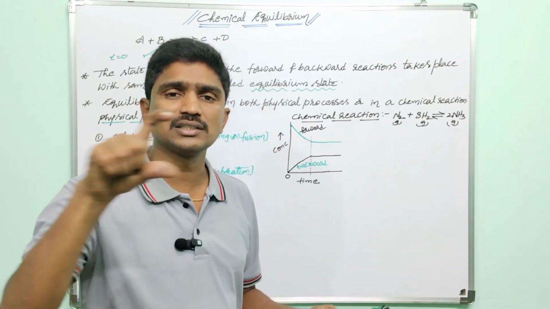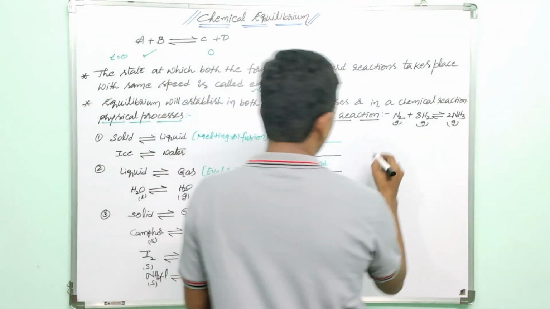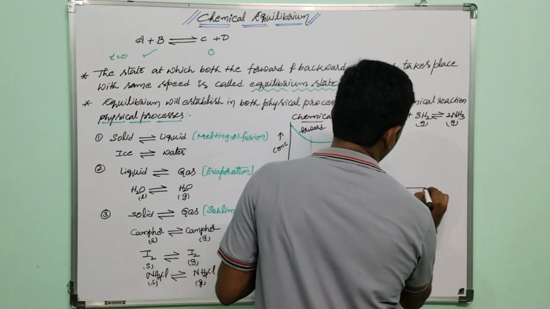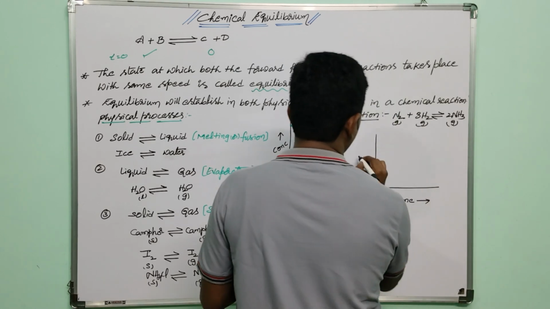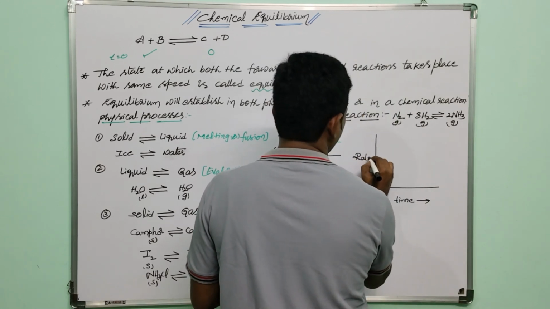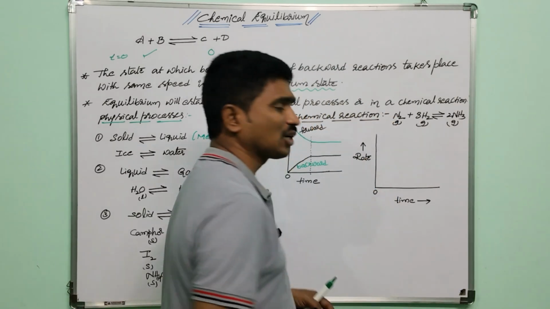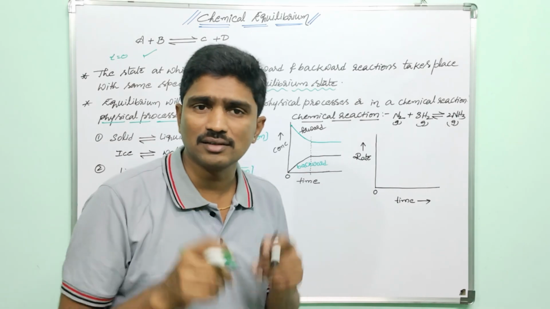So their concentrations remain constant at equilibrium. Suppose you take time along the x direction and rate, nothing but speed, along the y direction. When time t is equal to 0, the vessel contains only reactants, right?